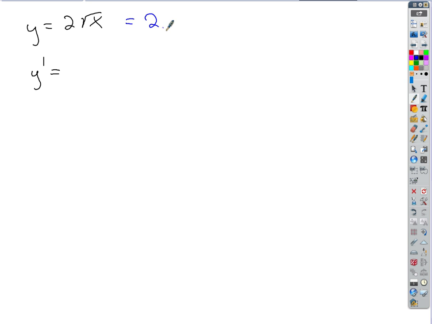If I've got 2 times x to the 1/2, what's y prime going to be? 1. Good. Bring the 1/2 times 2 is 1, x to the negative 1/2. 1/2 minus 1 would be negative 1/2. And so that looks like 1 over x to the 1/2, which is just 1 over square root of x.